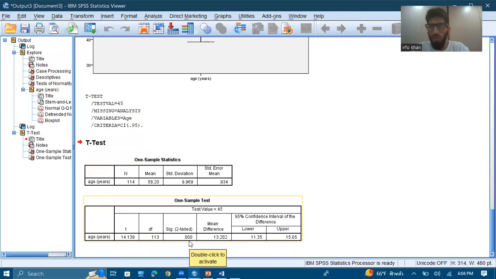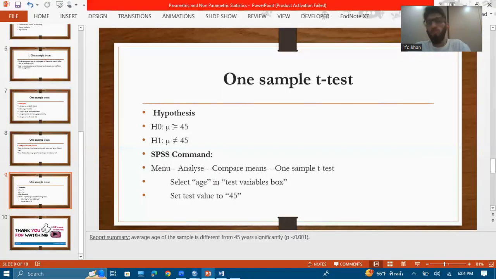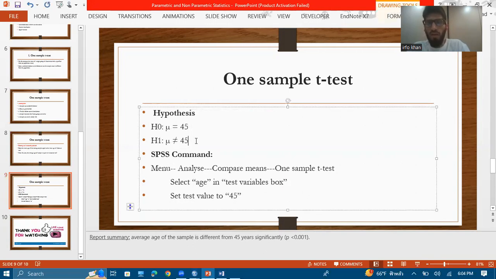If the p-value is less than 0.05, we have to reject the null hypothesis. The null hypothesis was that the mean is equal to 45, but we reject it because the p-value is less than 0.05, and we accept the alternate hypothesis. So the sample mean is not equal to 45.